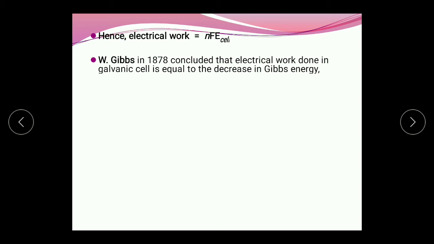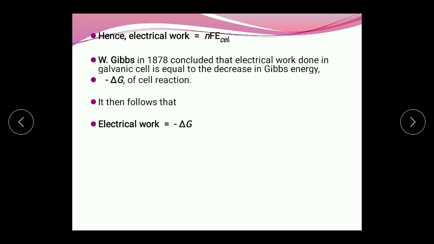Decrease in Gibbs energy, how do we denote it? By minus delta G. So, Gibbs found out that electric work done in a galvanic cell is equal to minus delta G, in short, of the cell reaction. Hence, we can write that electric work equals minus delta G.